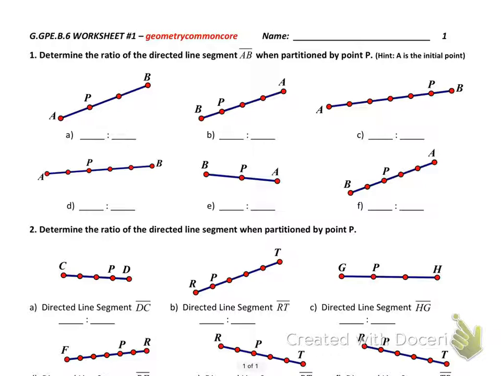Okay, so looking at these, what did you guys get as your ratio for 1A? 1 to 2. The next one, what'd you get? 3 to 1. The next one, 5 to 1. And these are all A to B. What did you get for the next one? 2 to 3. The next one, 1 to 1.